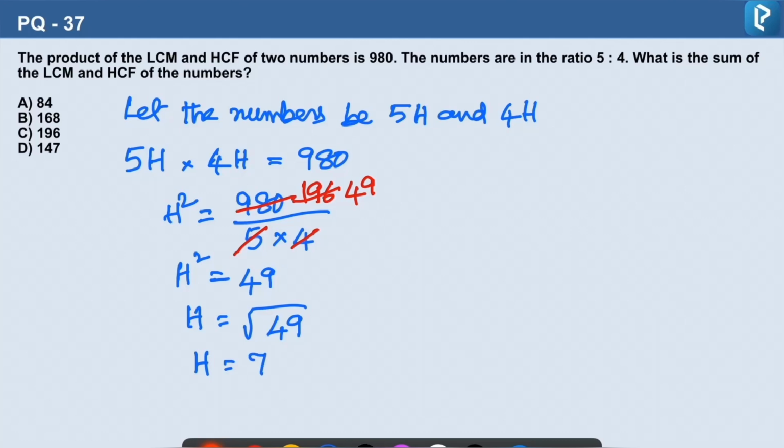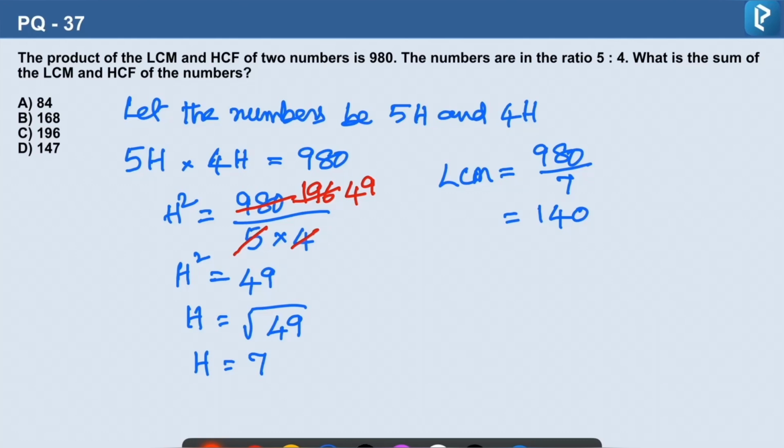So HCF is 7. Now if you divide the product of LCM and HCF by HCF, you will get the LCM. So LCM is equal to 980 divided by the HCF 7. That is 7 ones, 7 fours, 140.